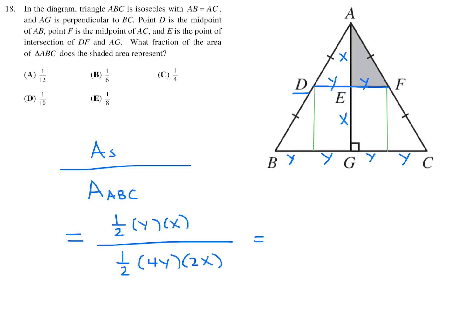And therefore, this is going to be 1/2 xy all over 1/2 8xy, like that. And then the halves cancel, the xy's cancel, and all you're left with is 1 over 8. So number 18, the answer is E.